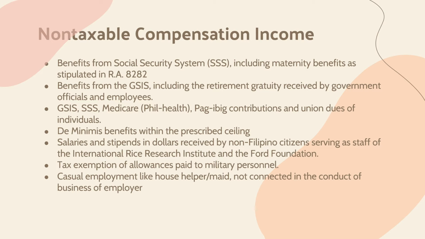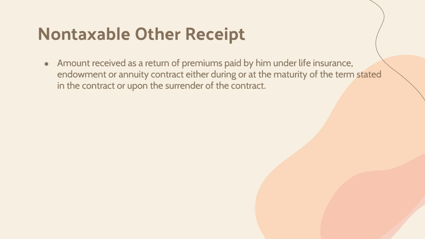Now we have non-taxable other receipts. These refer to the amounts or values received other than compensation that are not taxable according to law. First one, we have amount received as a return of premiums paid by him under a life insurance, endowment, or annuity contract either during or at the maturity of the term stated in the contract or upon the surrender of the contract.